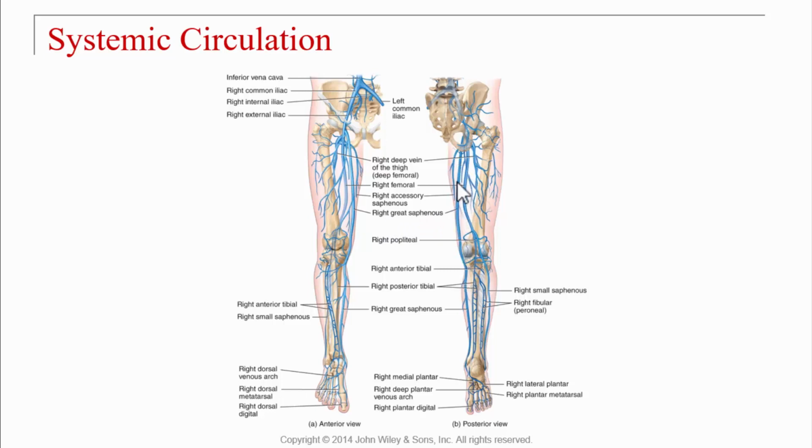Again, the great saphenous vein. Why that's so significant is because if someone needs a coronary artery bypass graft, in other words, they have a blockage of their coronary arteries, then they need to bypass that blockage with some new plumbing. Well, where's that plumbing coming from?